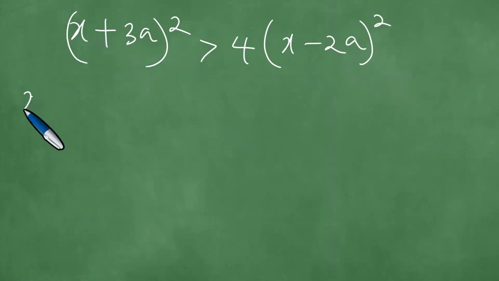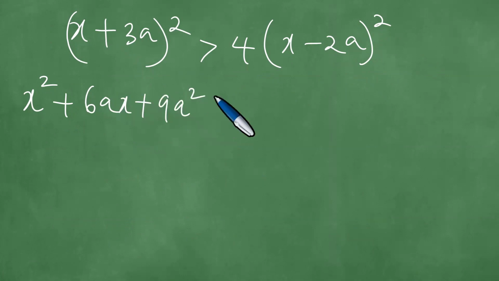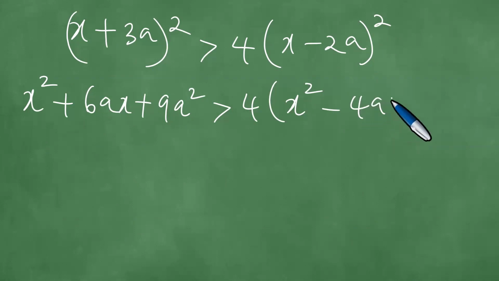If you square this, it becomes exactly x squared plus 6ax plus 9a squared is bigger than 4 into x squared minus 4ax plus 4a squared.